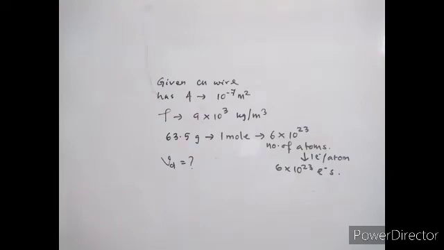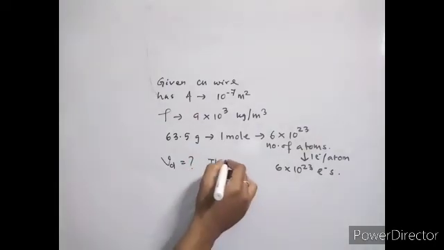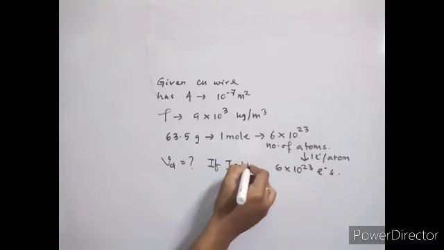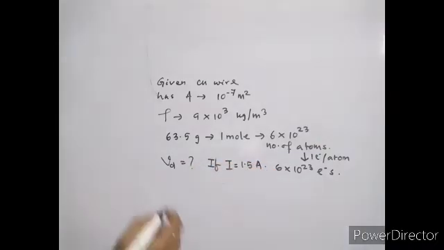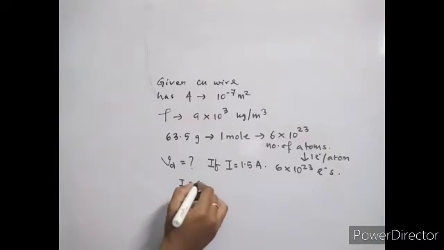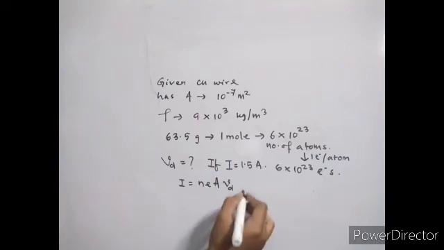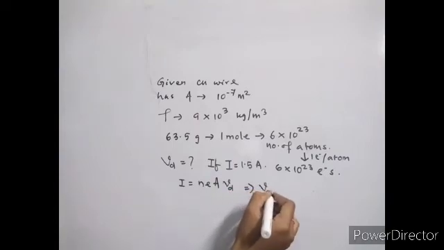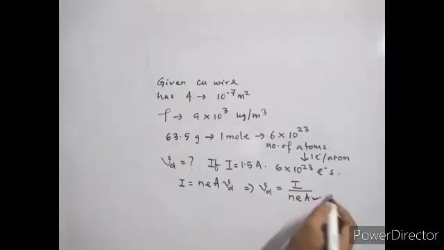We need to calculate the drift speed or the drift velocity, if the applied current in the circuit, or the obtained current in the circuit, is 1.5 ampere. Now I is equal to NeA times the drift velocity, or we have the drift velocity to be equal to I divided by NeA, the area of cross section.